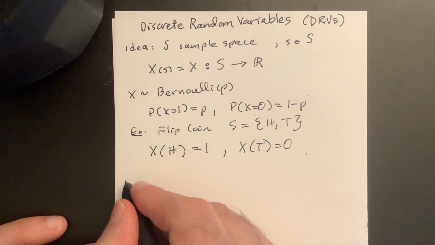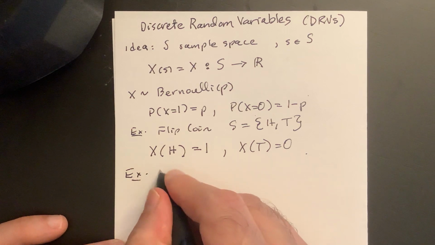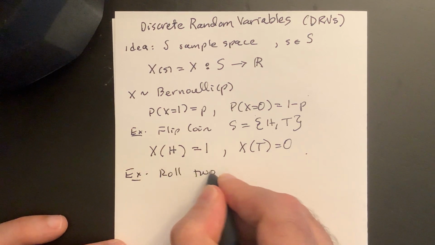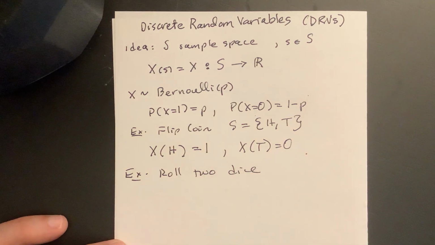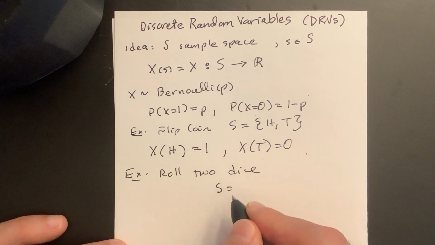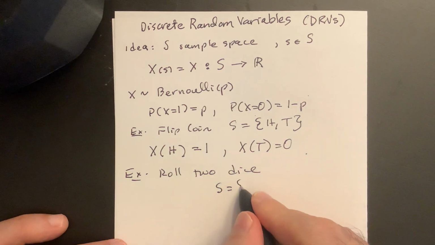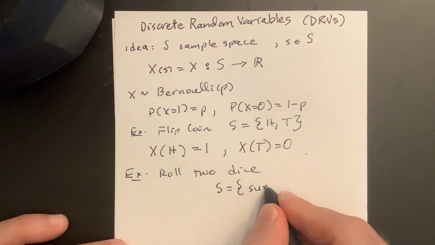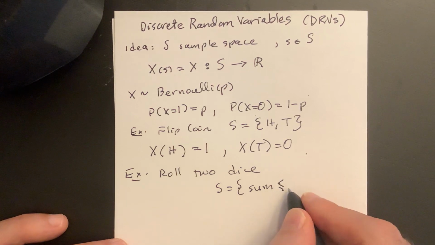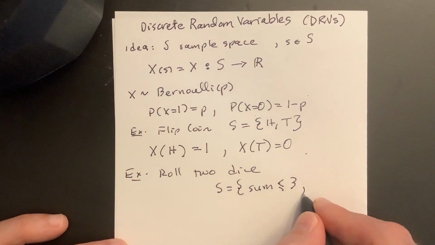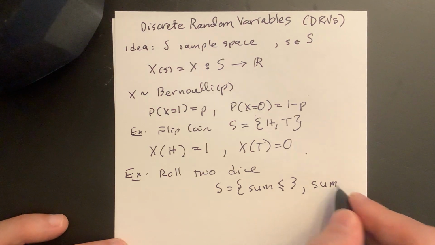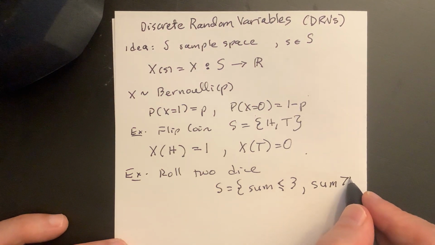Okay, how about another example? Say we roll 2 dice. We might consider all the sums, but we might just consider S to be equal to, S is all the sums in the way we usually think about it, but we could let S be, say, the outcome sum is less than or equal to 3, or sum is greater than or equal to 4.